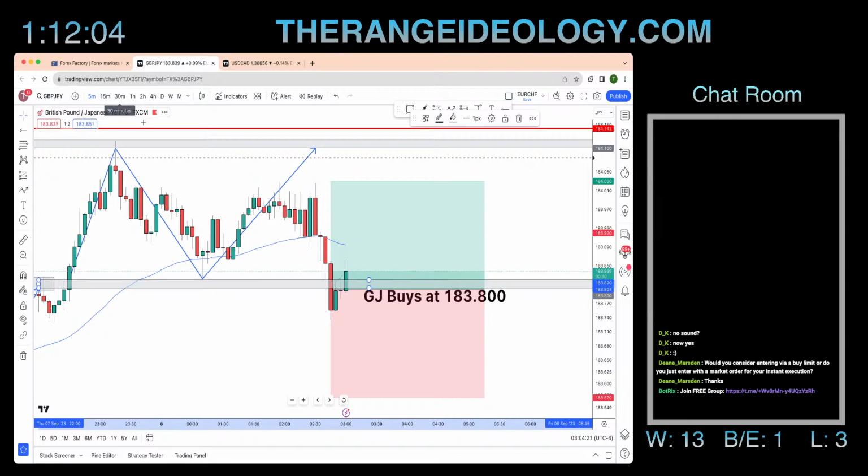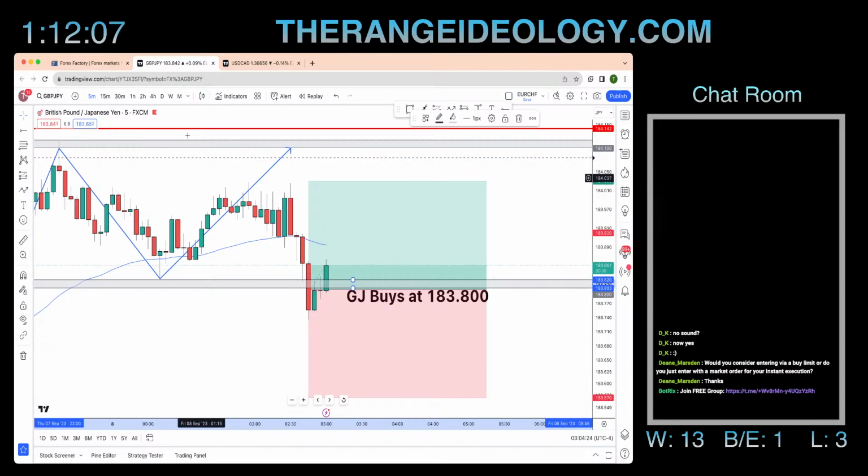And just under a minute left. Let's see how the 5-minute candle closes. Will it give us that push?